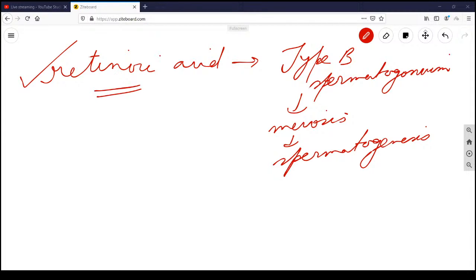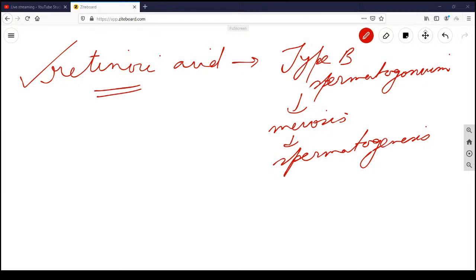Now all the spermatogonia are sequestered at the base of the seminiferous epithelium by interlocking processes of the Sertoli cells. Sertoli cells release inhibin, the androgen binding protein, and the anti-Mullerian hormone.